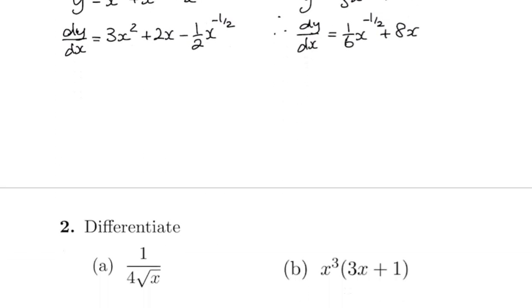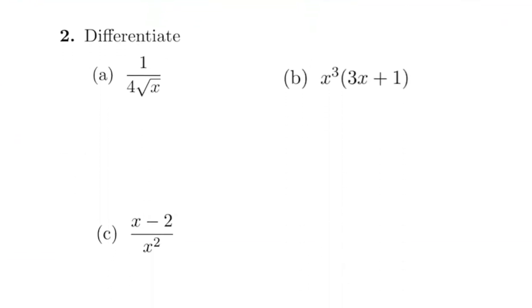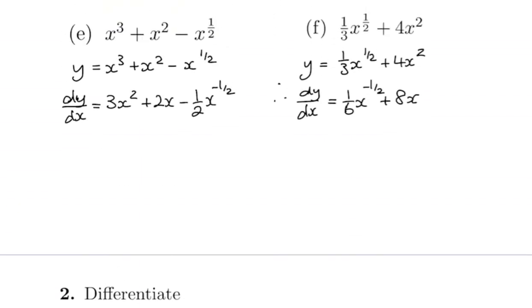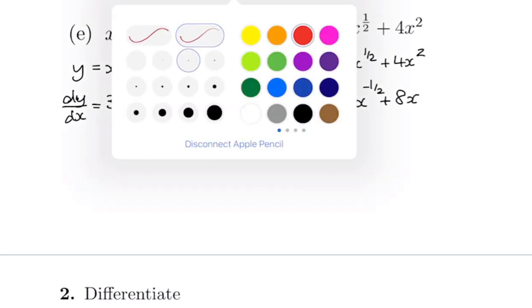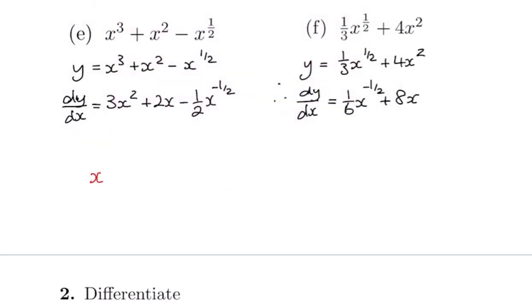Again, with these, just have a little look at these last two. We'd be asked to differentiate that. Now, just be very careful. You'll notice in question 1, look at E, and I'll do it in red. It was x cubed plus x squared minus x to the half.